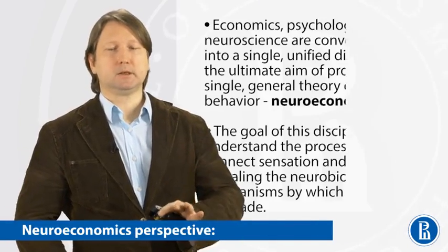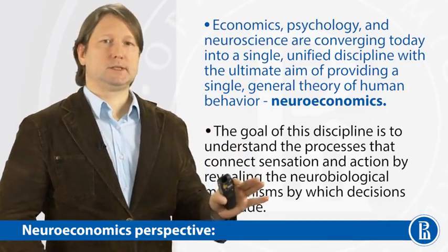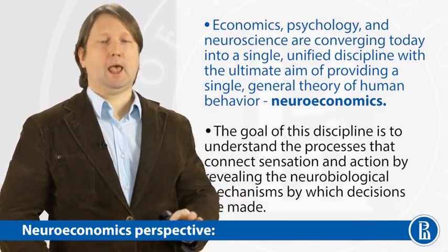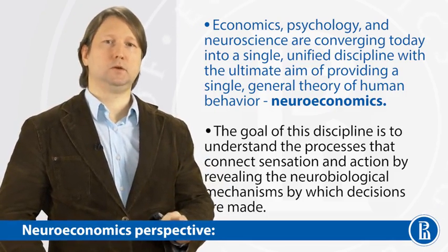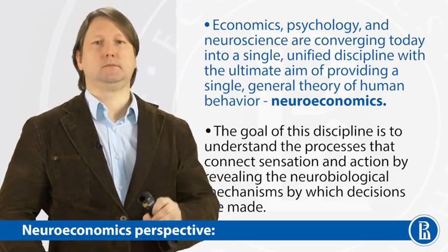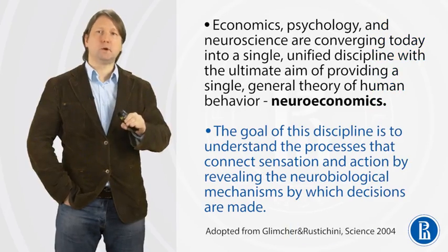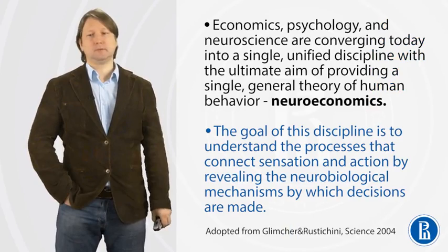Strictly speaking, neuroeconomics is a field combining psychology, neuroscience, biology, and economics to build a unified theory of human behavior. Of course, neuroeconomics focuses on decision making, and we will dedicate this course to the neurobiological aspects of decision making.